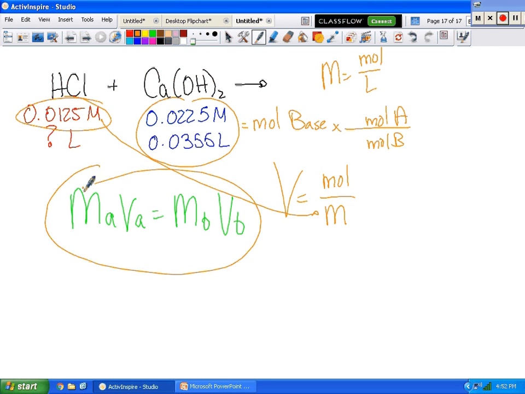Agree or disagree? I mean, really, that way works. You can do it that way, but I wouldn't do it that way. That's a lot more math. So it would be 0.0225 times 0.0335 divided by 0.0125.